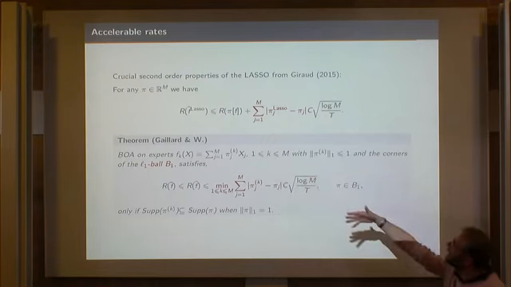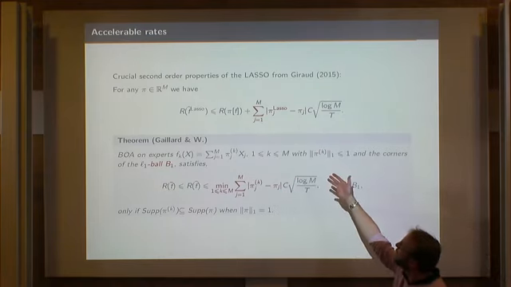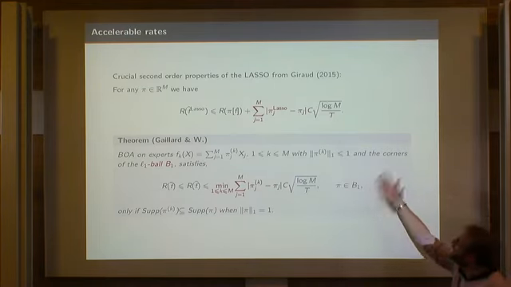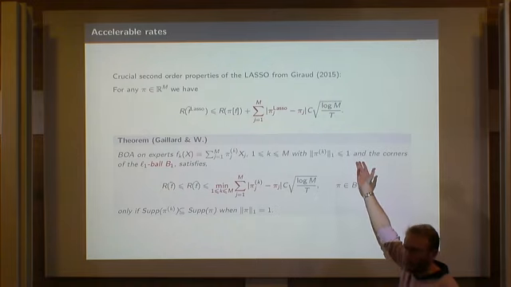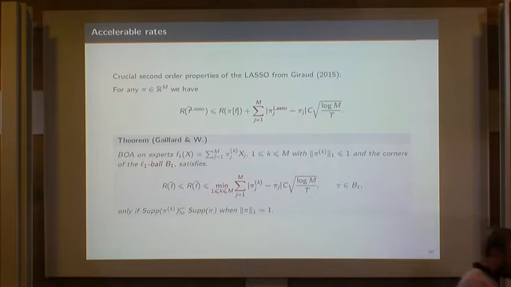As lasso is minimizing the square loss plus an L1 penalty, it has this rate of convergence that is a slow rate, but with a constant here that becomes small if pi j, this one, is sparse.